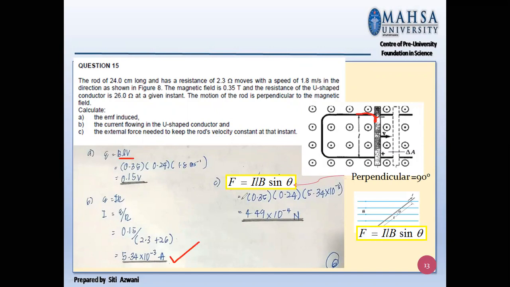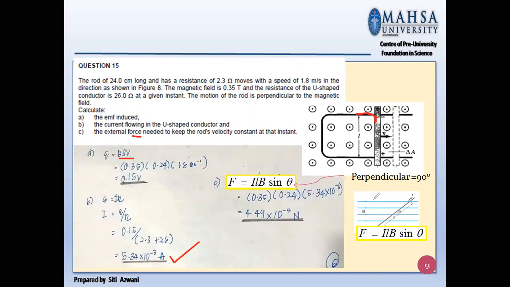Next, part C, you want to calculate the force needed to keep the rod's velocity constant at that instant. To calculate the force, you don't have any formula from this chapter 8.2. But remember, you have an equation for the force from chapter 8.1.